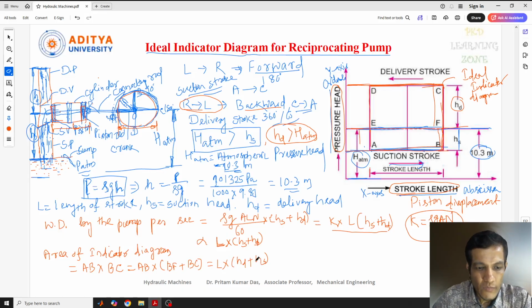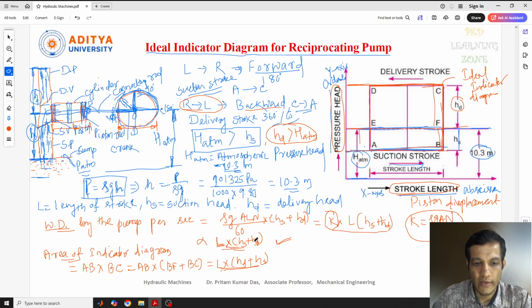Now if you put this value in this equation, we get the same value we got here. This value is calculated for the area, and this value is calculated for the work done, because the remaining thing, K, is a constant.